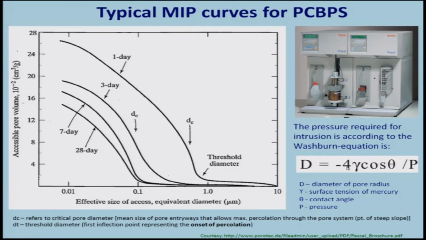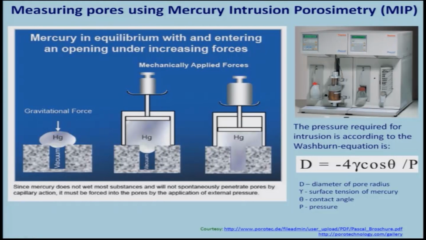If you revisit the formula that is used, there is some pressure that we are applying to force mercury to penetrate into the sample, and this is inversely proportional to the diameter of the pore. Initially when you apply pressure, the mercury gets into the void area, and later on it needs some more pressure to actually penetrate into the concrete sample.